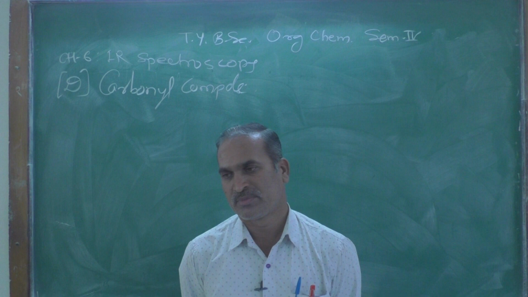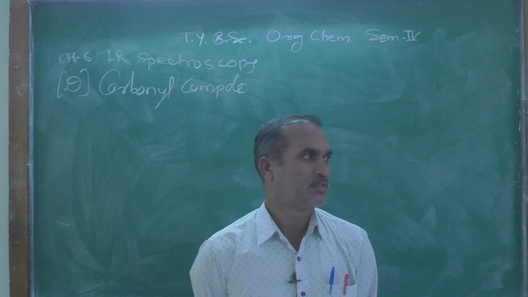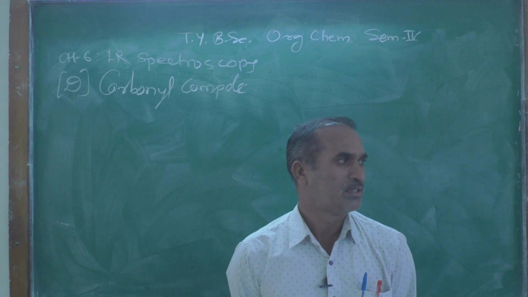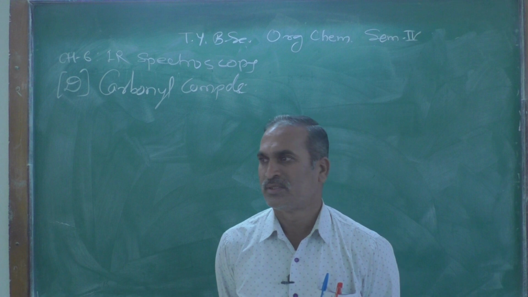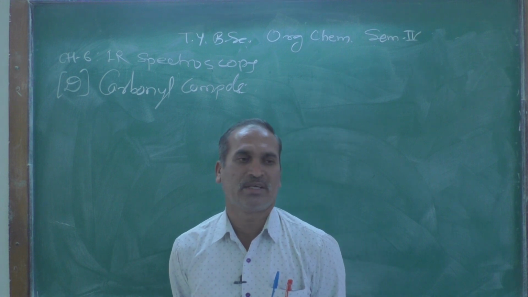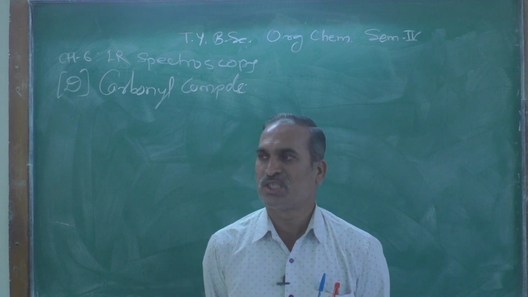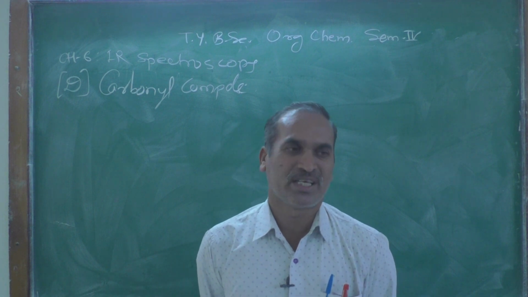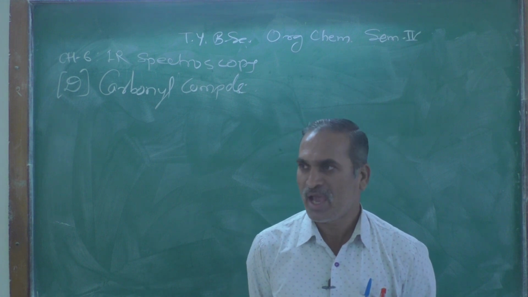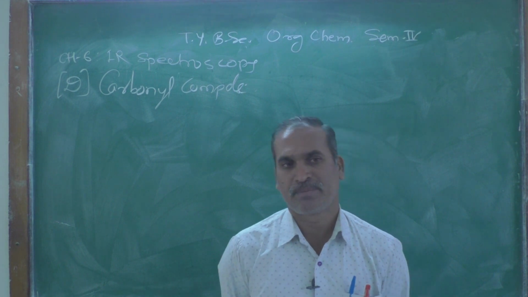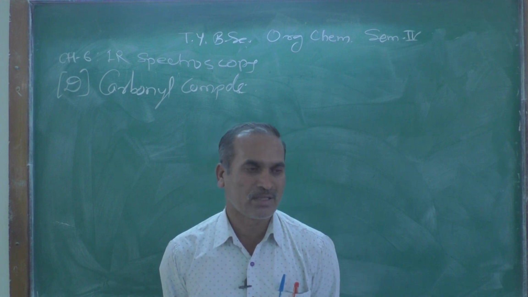An organic chemist, within a minute, recognizes the peak and identifies that peak as being due to the presence of the carbonyl group, because it has a definite shape and size.